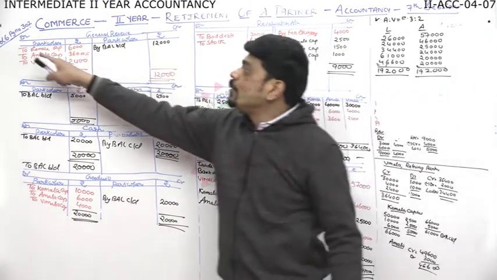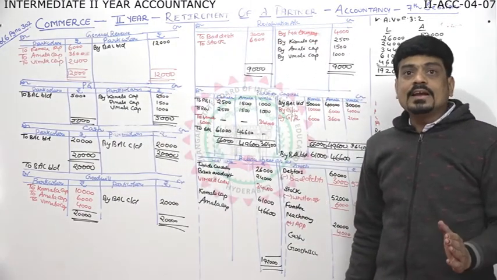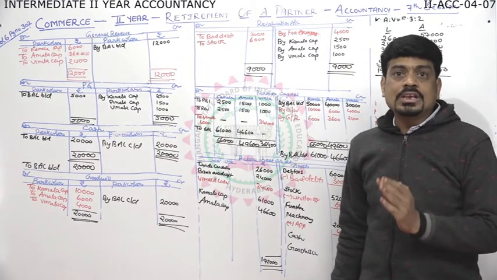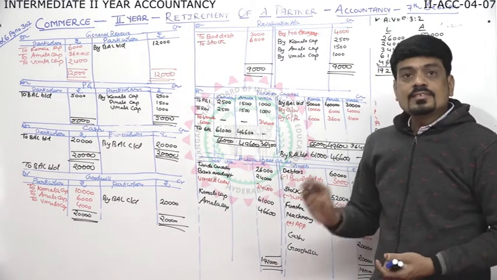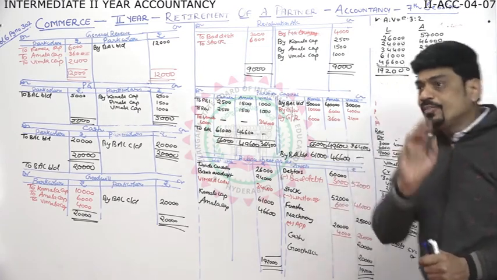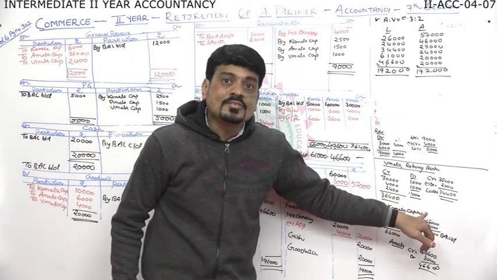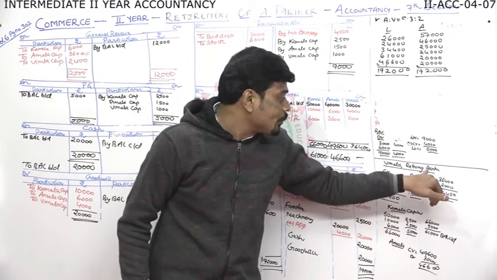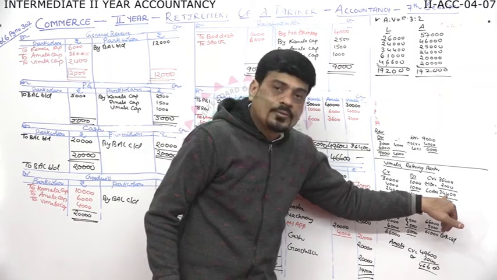This was problem number 6, which I have taken from page number 302. If you see problem number 1, 2, 3, almost everything is similar. Only thing is, sometimes they may tell that some amount is paid. For example, if they say out of the amount due, 20,000 we paid to Vimla. As it is, we'll get 34,400.